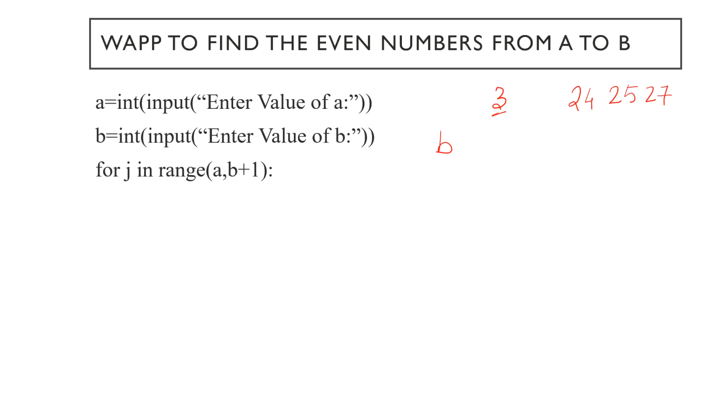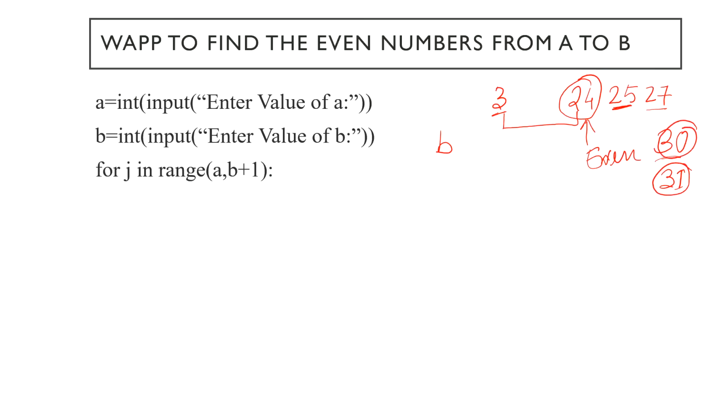From A it is fine, we are starting from 3, but for B there is an issue. Suppose the values are 3 to 24, then I need to print 24 also, because 24 is an even number. If it is 25, then fine, there is no problem, we will go till 24. If it is 27, then also there is no problem. But if the value of B is an even number, then there will be a problem, because I need to print 30. So if I need to print 30, then our range should be 31. Why? Because the stop value is excluded.